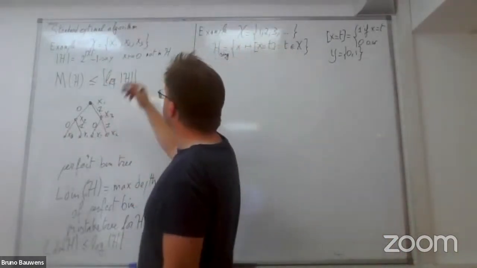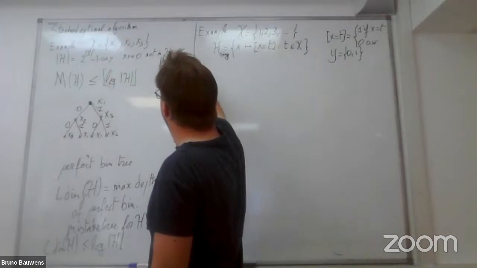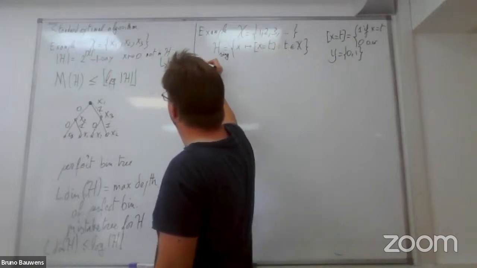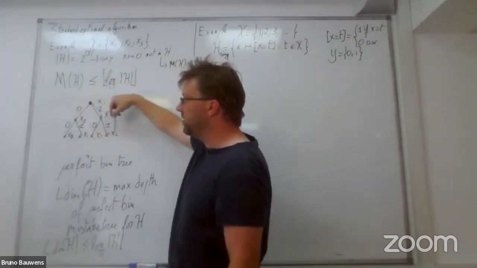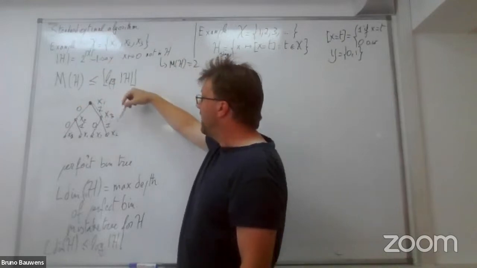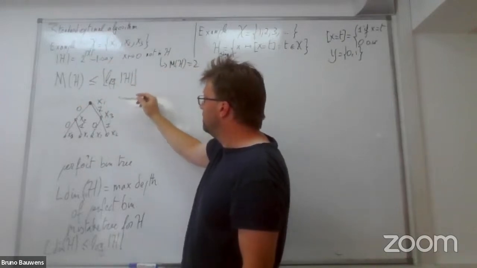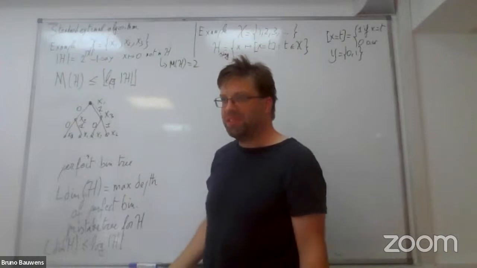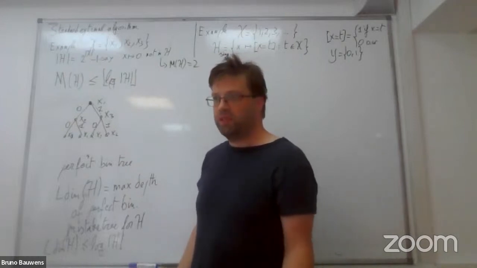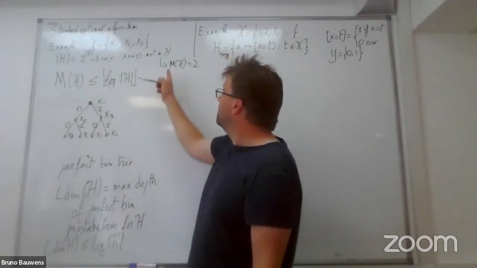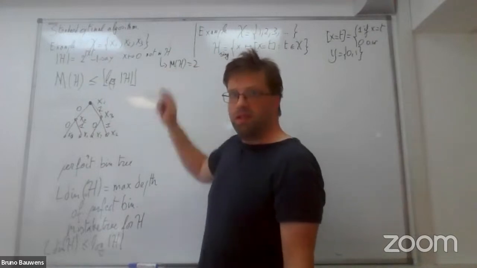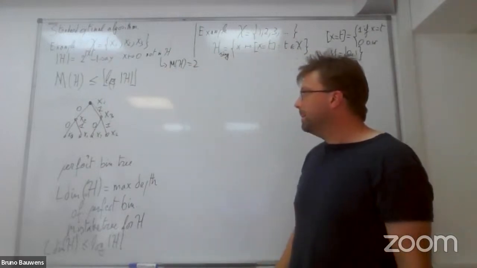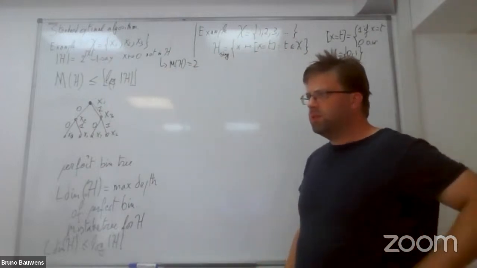By the way, this proves that here we have the Littlestone dimension of H equal to 2, because we found a mistake tree of depth 2, and we showed that 3 is not possible. So we've proven this.